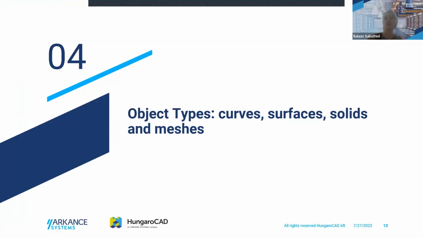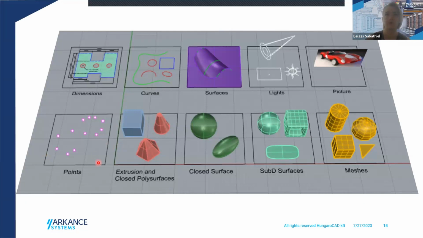To talk about Rhino, we need to understand the object types. Each software has basically the same types, but named differently. So in Rhino, we have curves, surfaces, solids, and meshes, and obviously points as well.